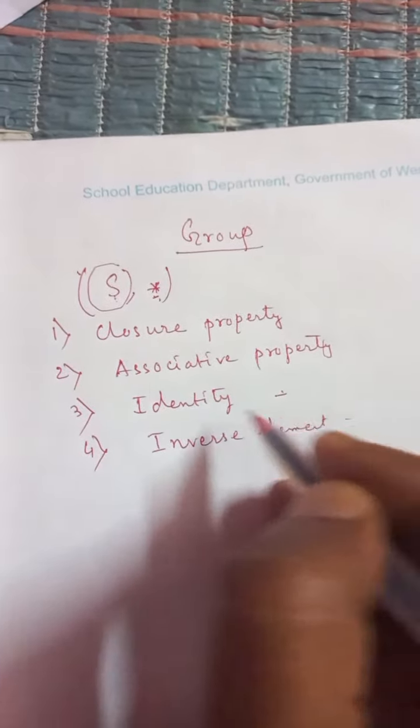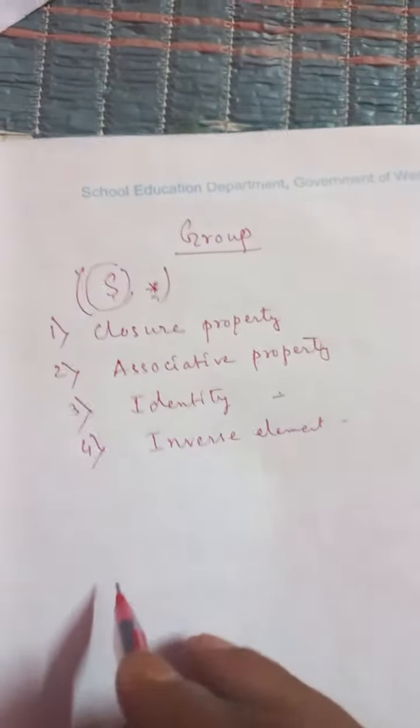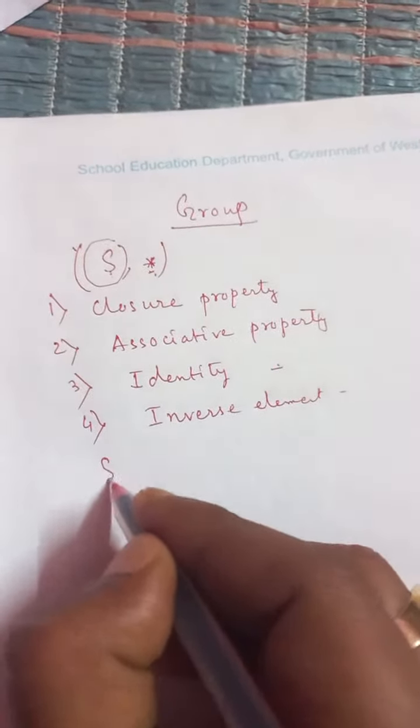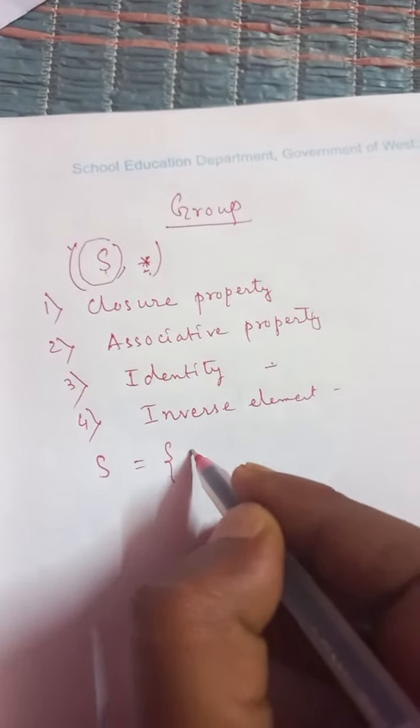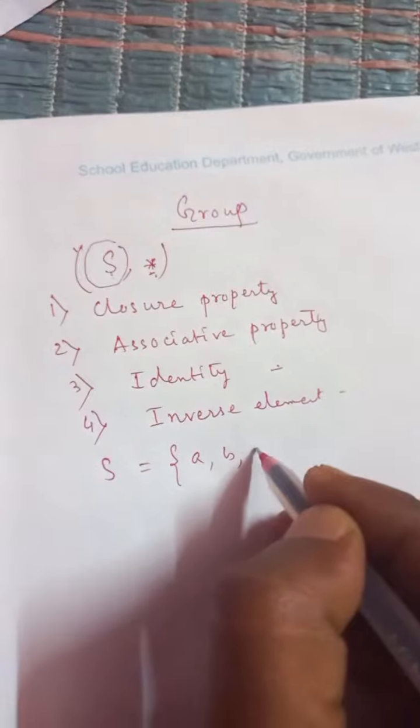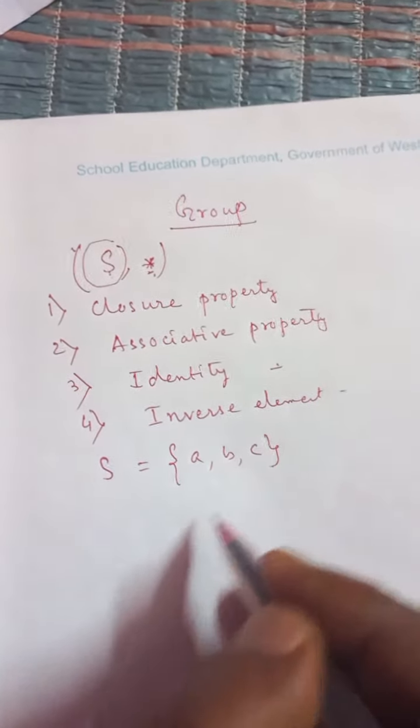Now I am discussing what these properties are. Take a set S which has some elements A, B, C, three elements I have taken.